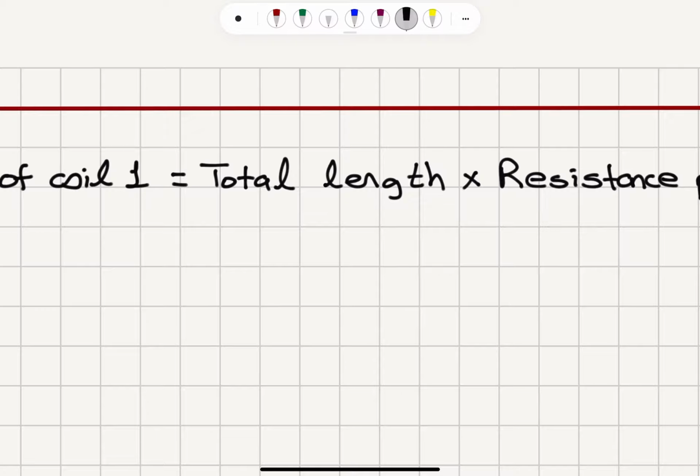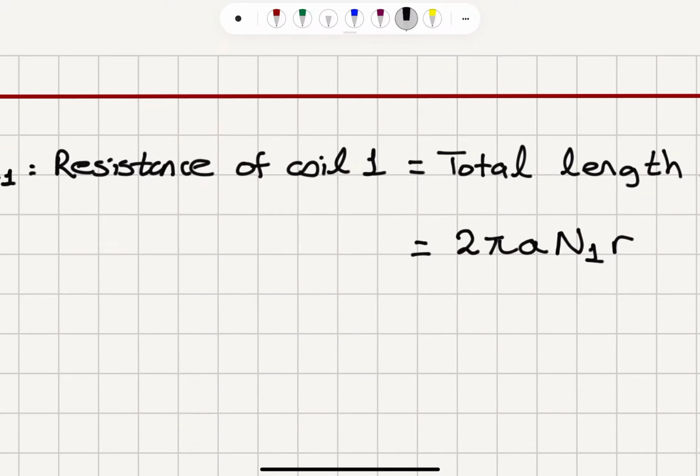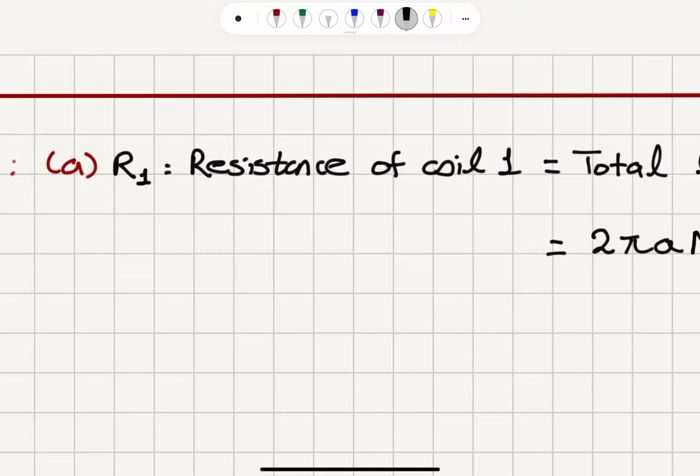So what is the total length here? Well, the circumference is 2 pi a, because we have a circle, and then we have n1 turns, so that's the total length of the wire, and then we have resistance per length, lowercase r, let's say. So we can calculate this number.